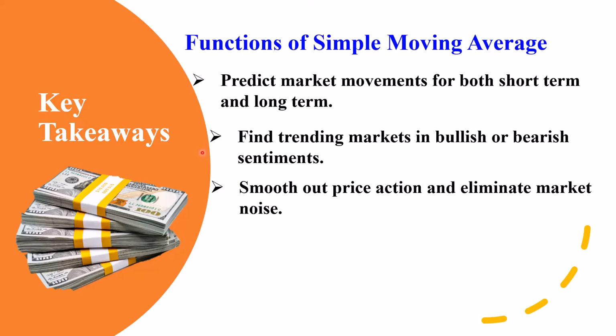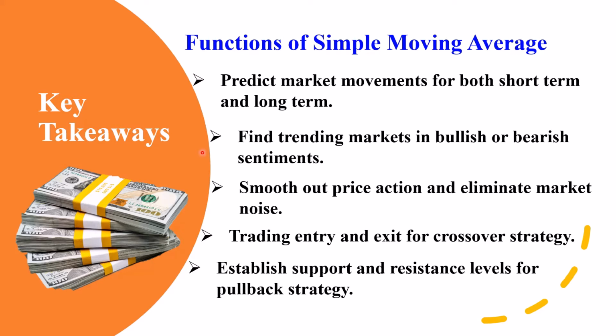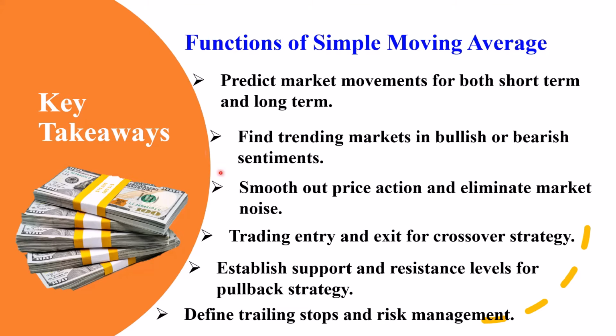Number 4, we can employ simple moving average to develop trading entry and exit for crossover strategy. Number 5, simple moving average can be used to establish support and resistance levels for pullback strategy. Lastly, but not the least, we can use simple moving average for defining trailing stops and risk management.